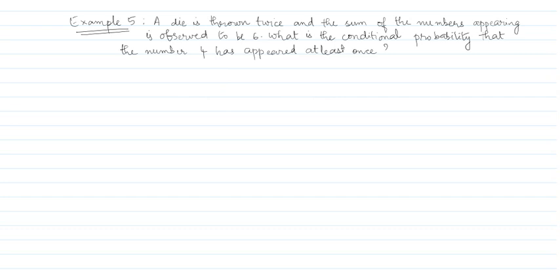In a single throw, there are 6 possible outcomes. In the second throw also, you can have 6 possible outcomes. And when you're considering the sample space for a die thrown twice, you should expect 36 points in the sample space. So your sample space S will contain 36 sample points.